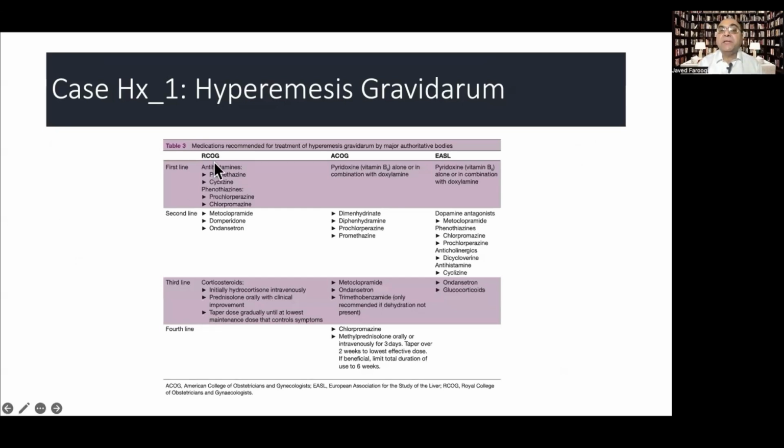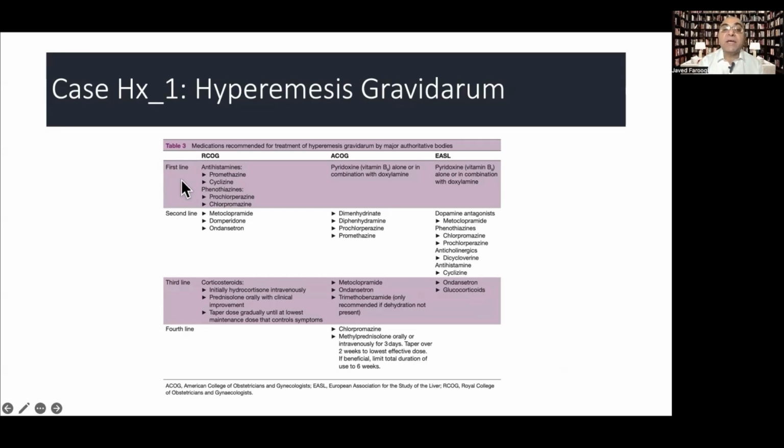Different antiemetics have been used by different societies, like the Royal College of Obstetricians and Gynaecologists criteria, then the American College of Obstetricians and Gynecologists criteria, and EASL, the European Association for the Study of the Liver.